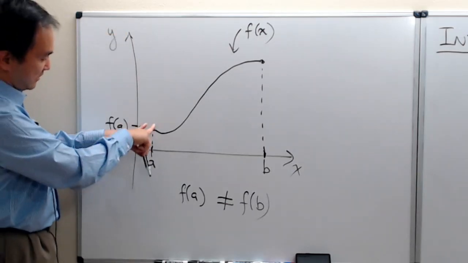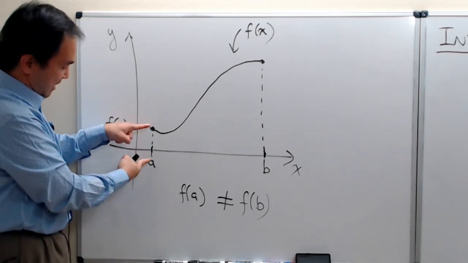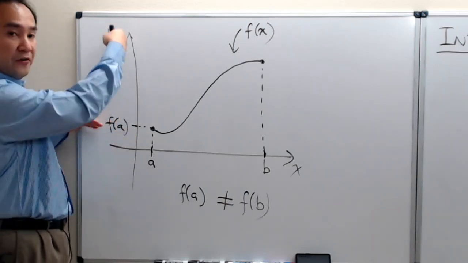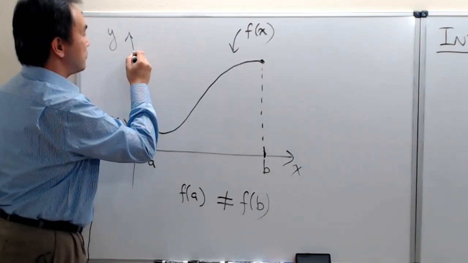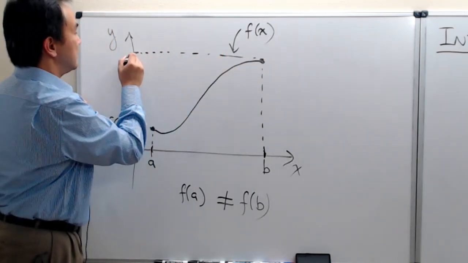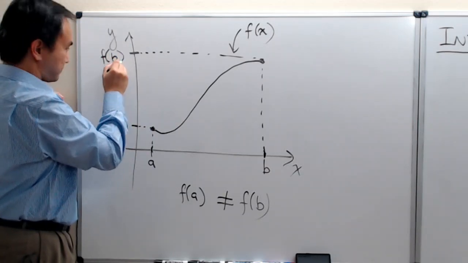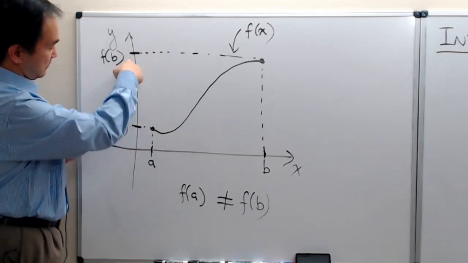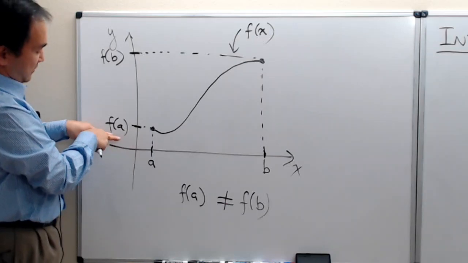Right here, from my picture, f of a is the lower value, so it's the beginning of the interval on the vertical axis, and f of b, being the higher value, gives the end of the interval. So on the vertical axis, I have a vertical interval between f of a and f of b.